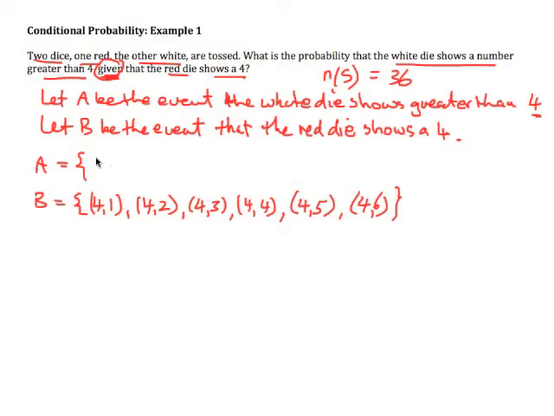So this means that the pairs would be 1,5; 2,5; 3,5; 4,5; 5,5; and 6,5 for that one.